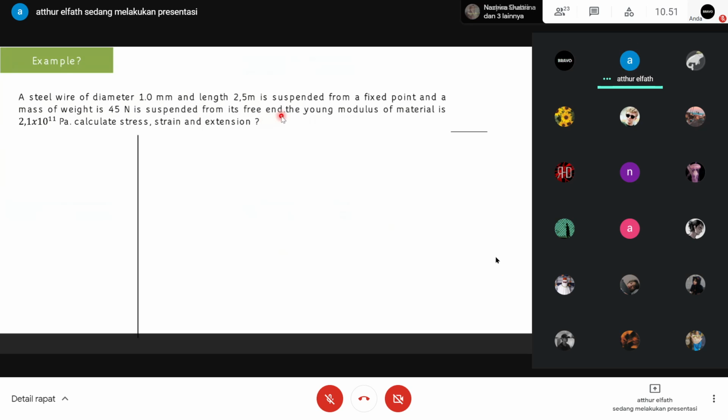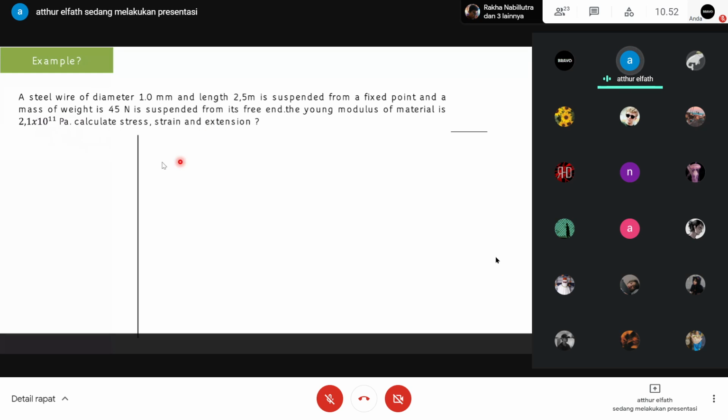The Young modulus of the material is 2.1 times 10^11 Pascal. By the way, Pascal equals Newton per meter square. The questions are to calculate stress, strain, and extension. Extension means delta L.